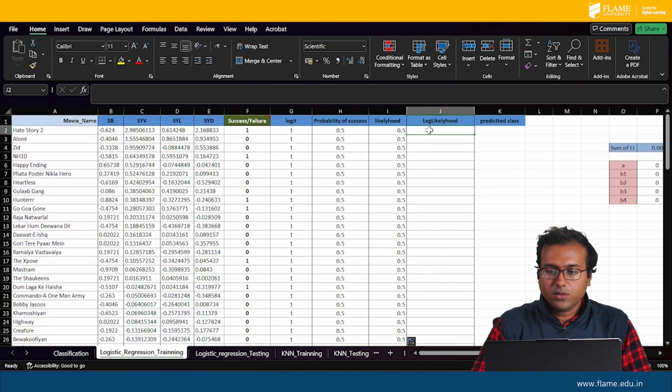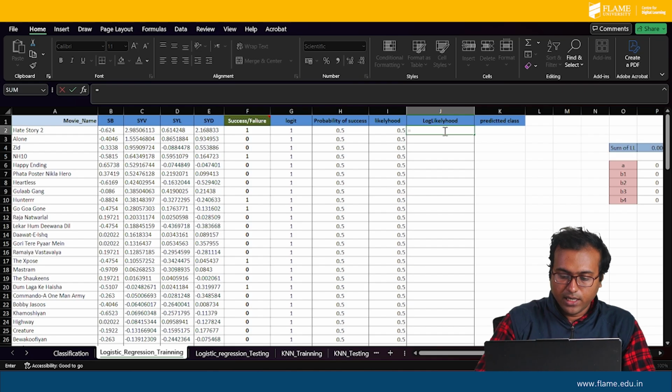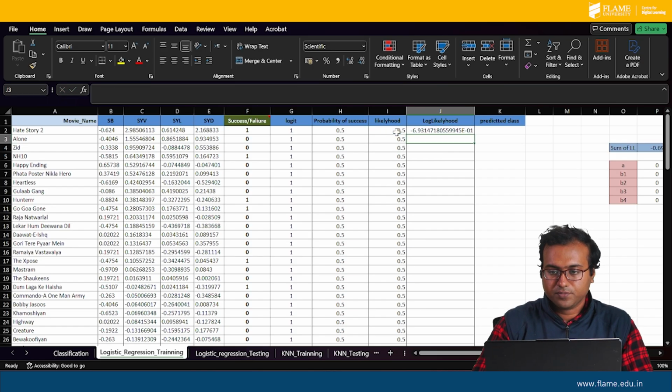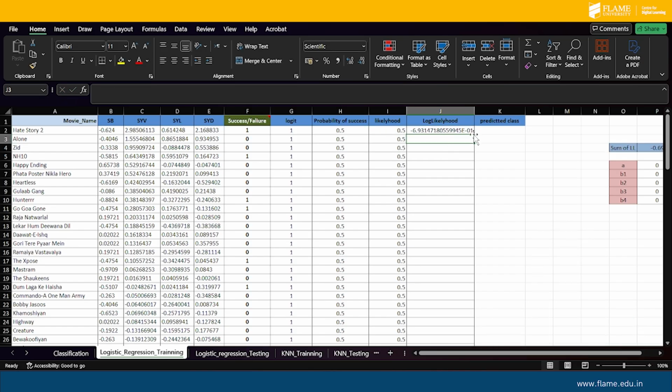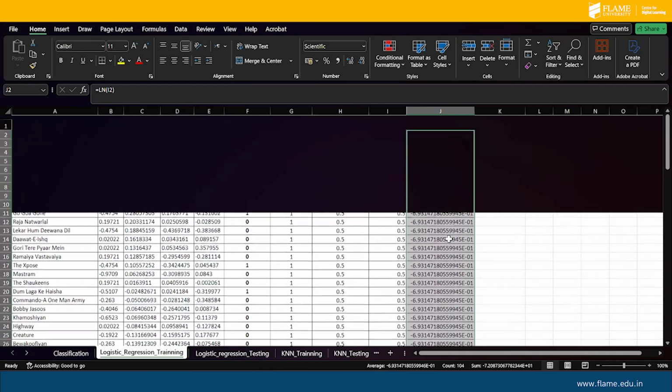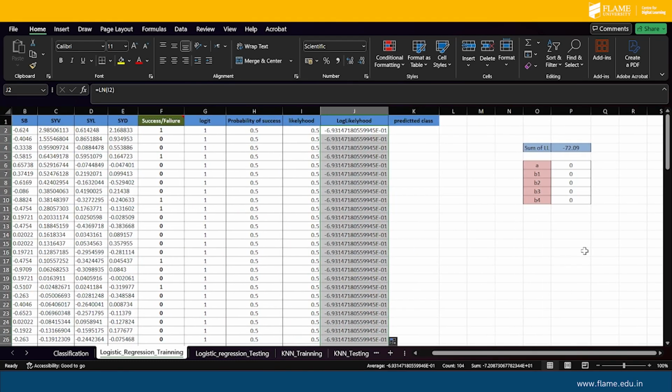Now, what is log likelihood? Whatever value you got, now you take the ln out of it. So, if you take ln or log, then it will give you the log likelihood. And this sum of log likelihood I want to maximize for my case.